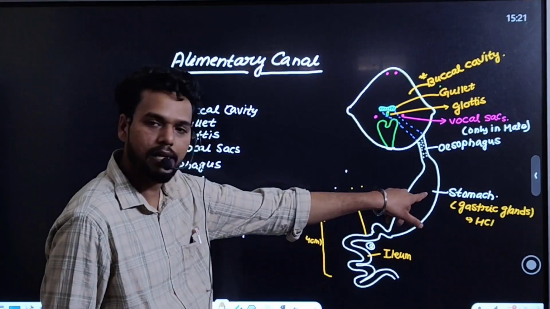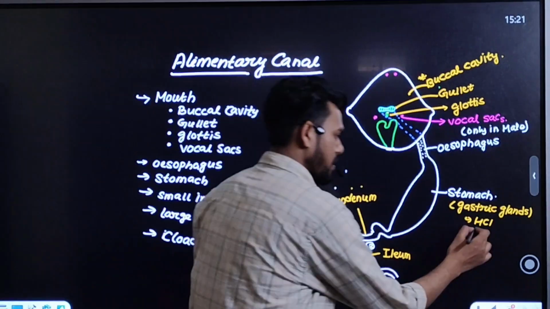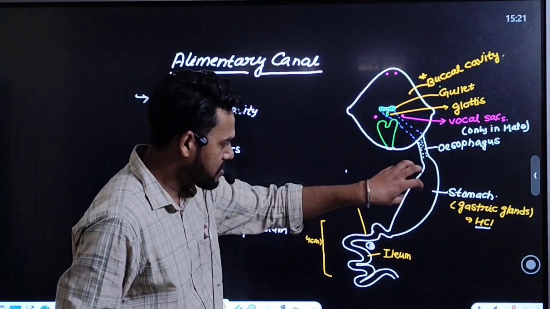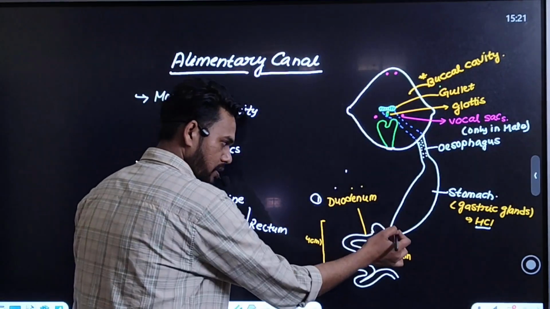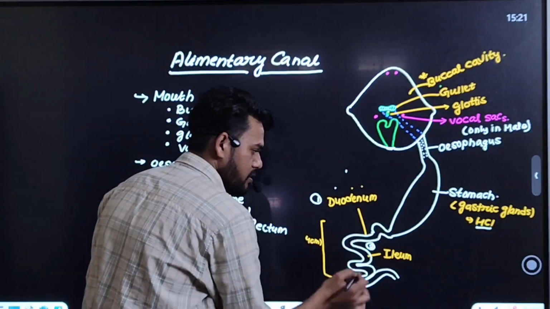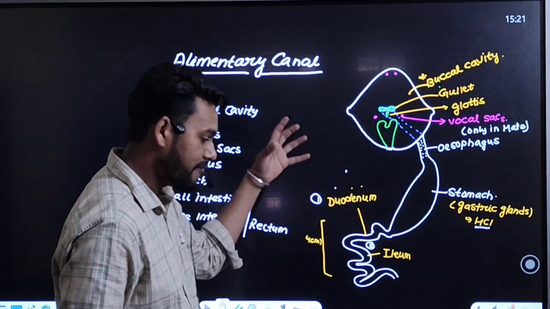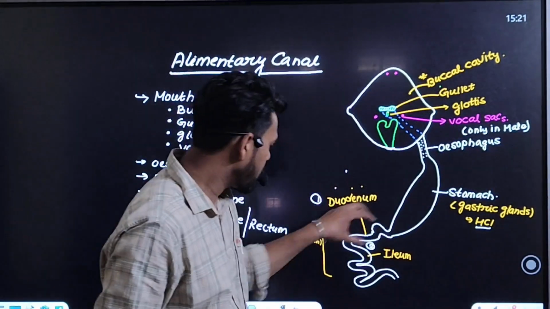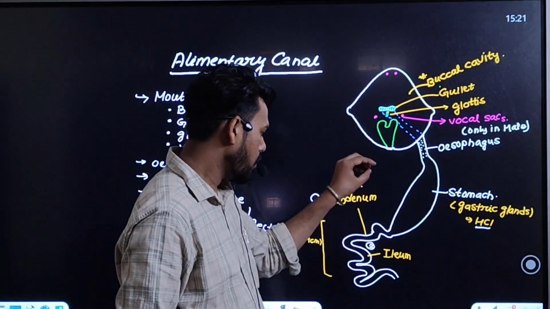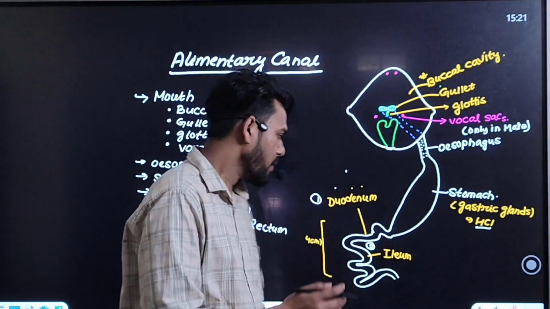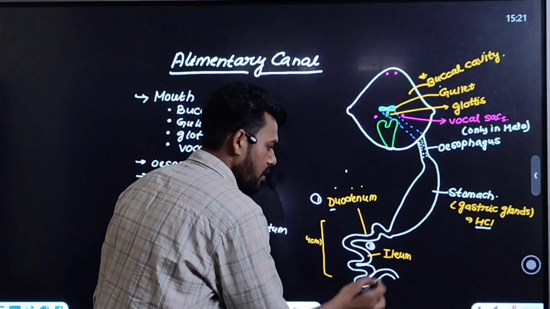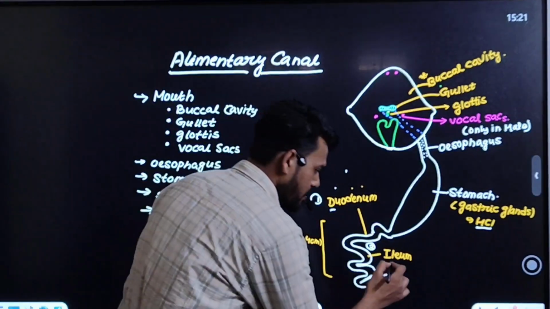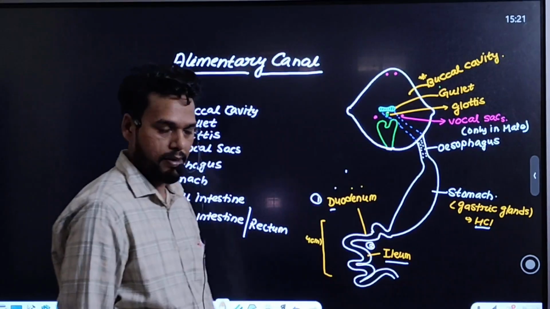When food enters inside stomach, HCl partially breaks down this food, and this partially digested food enters inside this small intestine. Here various types of intestinal juices or pancreatic juices mix at the duodenum side, and the partially digested food gets completely digested inside the ileum part.